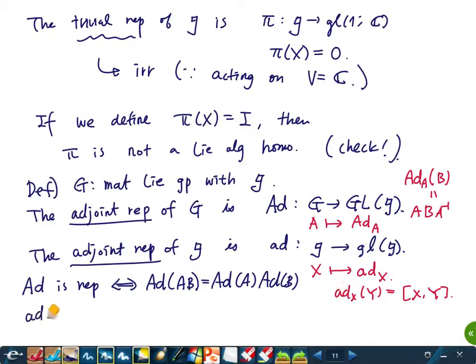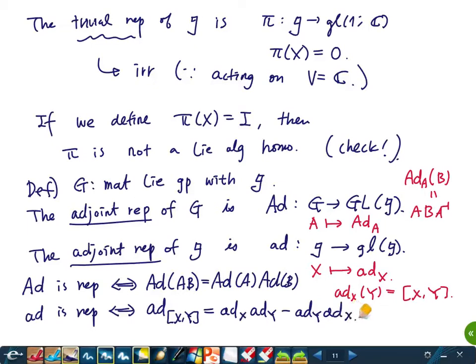And ad is a representation of a Lie algebra. That means ad_[X,Y] is equal to ad_X ad_Y minus ad_Y ad_X, but we have already checked this before. So these will play a very important role when we study representations.